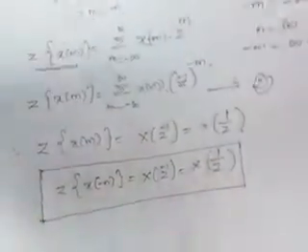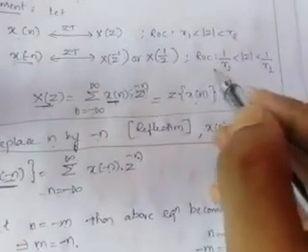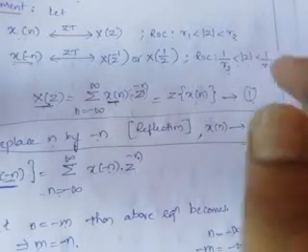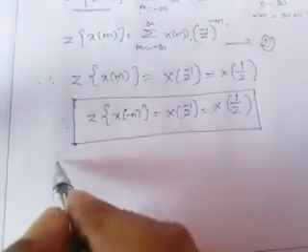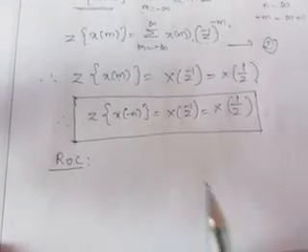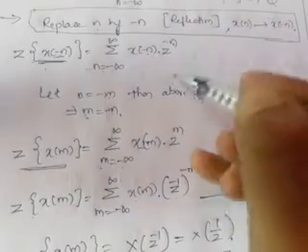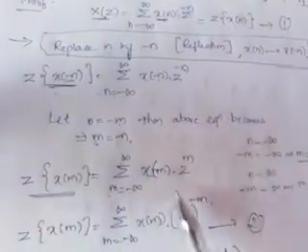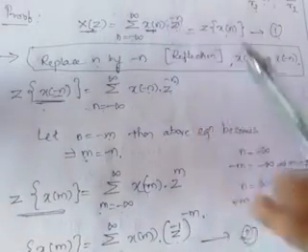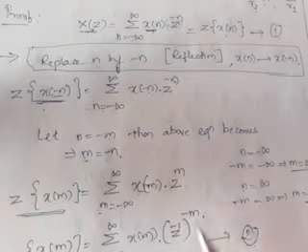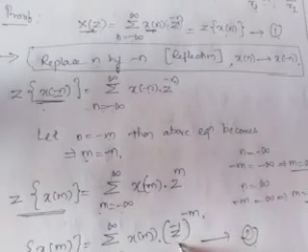Now coming to the ROC, as I told, the ROC is 1 by R2 is less than mod of z, which is less than 1 by R1. So how did we get this ROC? Let us discuss. Time reversal or reflection, as I told, corresponds to z being replaced by z raised to minus 1.